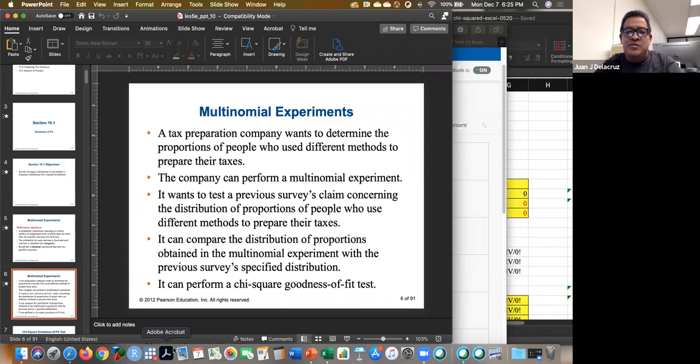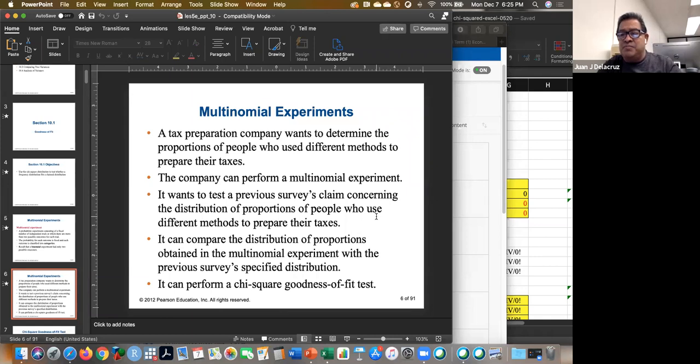For example, a tax preparation company wants to determine the proportion of people who use different methods to prepare their taxes. So the company can perform what is called a multinomial experiment. It wants to test a previous survey claim concerning the distribution of proportions of people who use different methods to prepare their taxes.